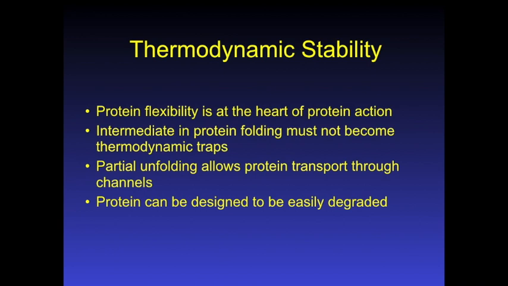You have to open up a little, create a binding pocket, interact with what's going on, to bind something, to allow a reaction to happen, to unfold and let it go. If it doesn't have a little bit of instability to allow it to interact, we would lose all functionality.